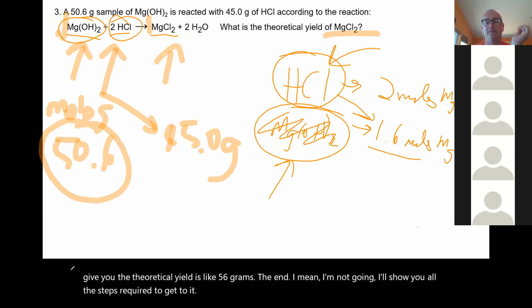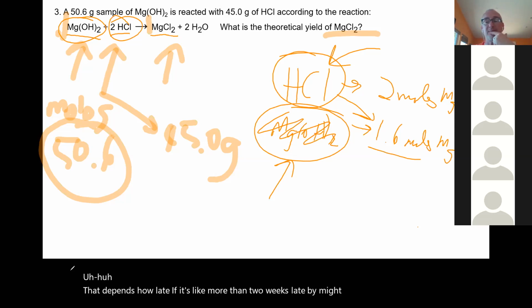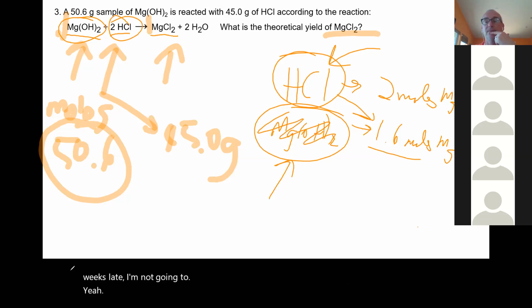I have a question. If we pass the lab report late, will you deduct points? Depends how late. If it's more than 2 weeks late, I might, but if it's less than 2 weeks late, I'm not going to. Again, that's just to keep people from doing nothing the whole term.